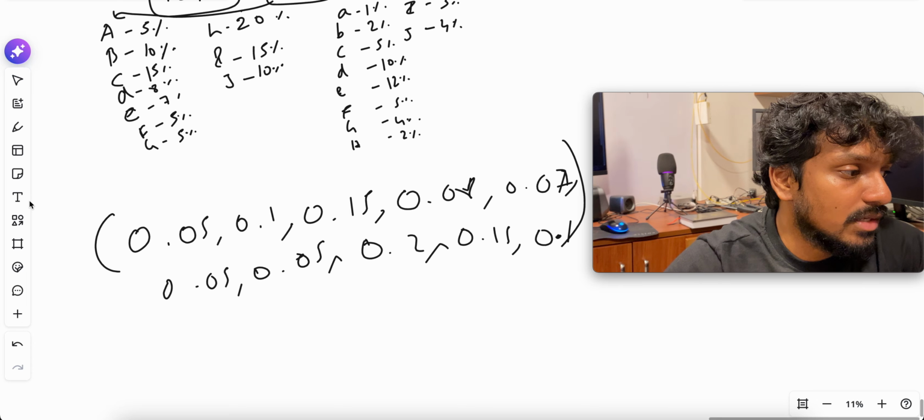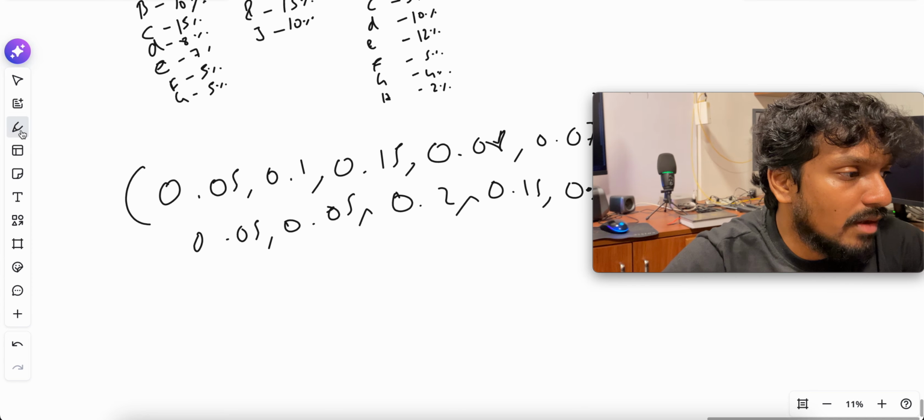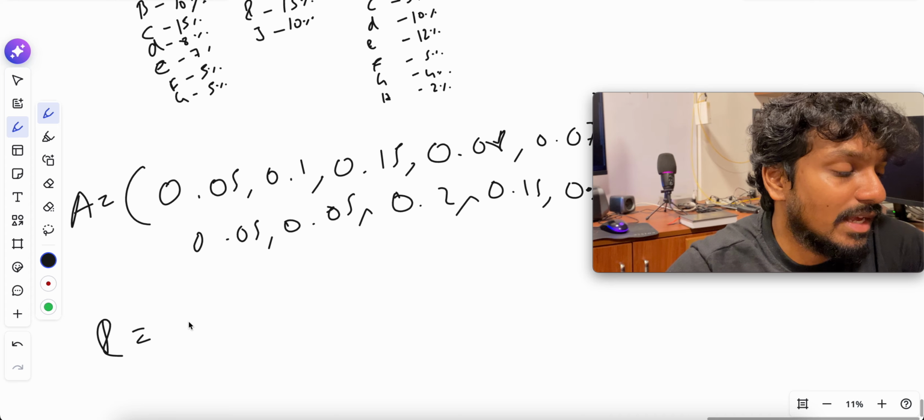In that, we are going to add the next component, asset A is equal to, and this is R, which is the result.